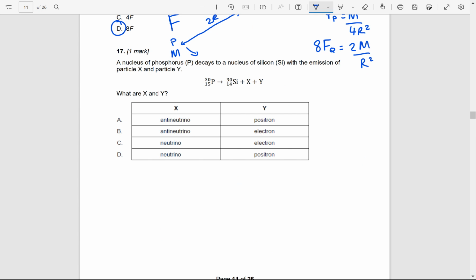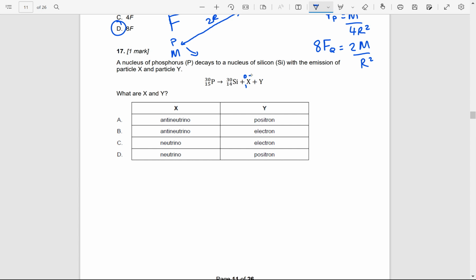Okay, we've got phosphorus decaying into silicon. So we've got a reduction in atomic number, which means that we should have an increase in atomic number for this particle here. So that's a 1. 14 plus 1 is 15. 30, there's no change in mass number.